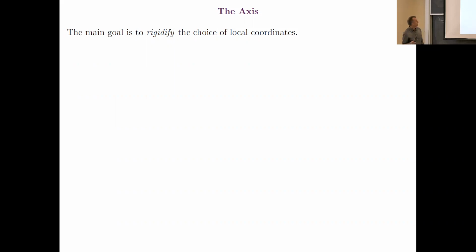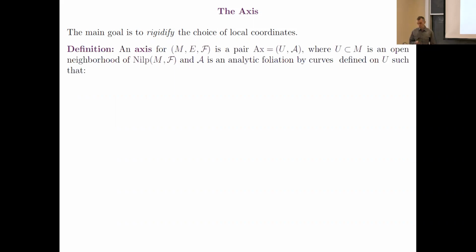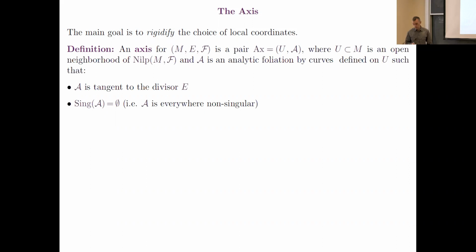But in this high-dimensional case, you have to introduce this additional structure, which is called an axis, which, roughly speaking, is just another foliation, which is one-dimensional and is generically transversal to the vector field itself.